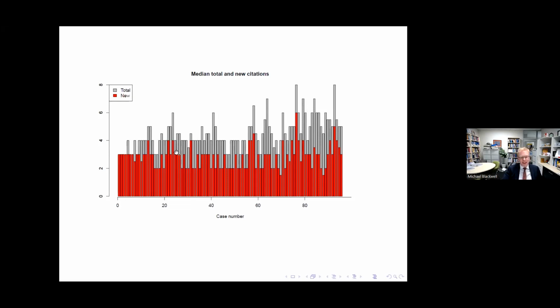So the further they go along, on average, there are quite a lot of cases they're referring to that they have read before. But you'll see also consistently that for the median judge on their 60th or 80th case, there are still quite a lot of cases that are new, between 2 and 3 cases that are new on each occasion.